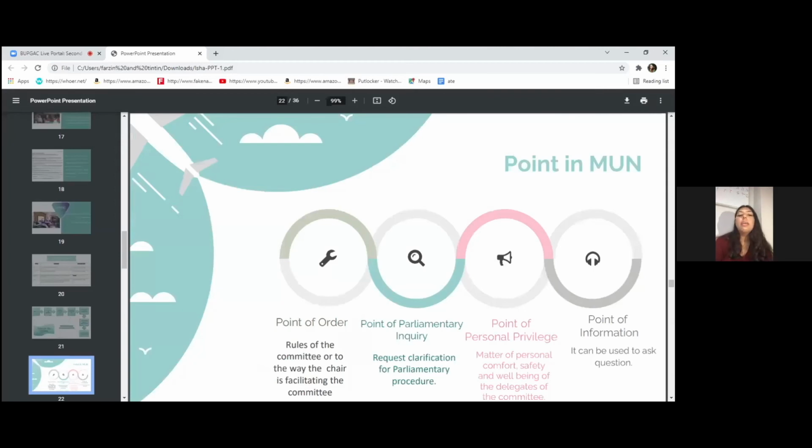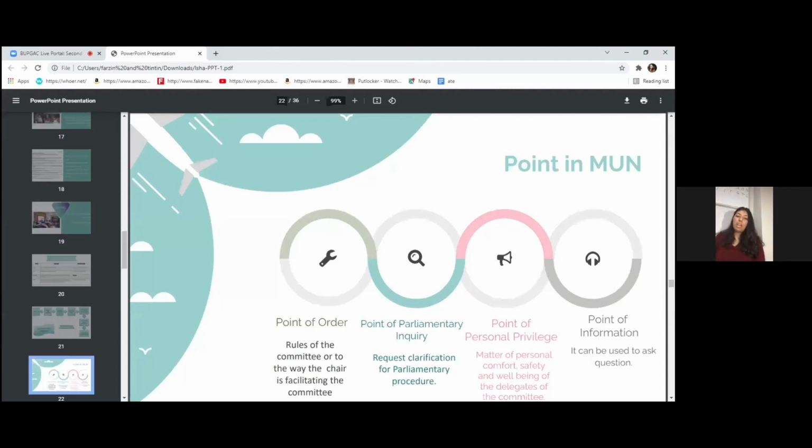Then you say point of personal privilege. Usually in an MUN event, point of personal privilege is used if you have to pick up a phone call, use the washroom, drink water, or move from your spot in a moderated caucus or the GSL. In an unmoderated caucus, it's not necessary because you will have that privilege automatically.